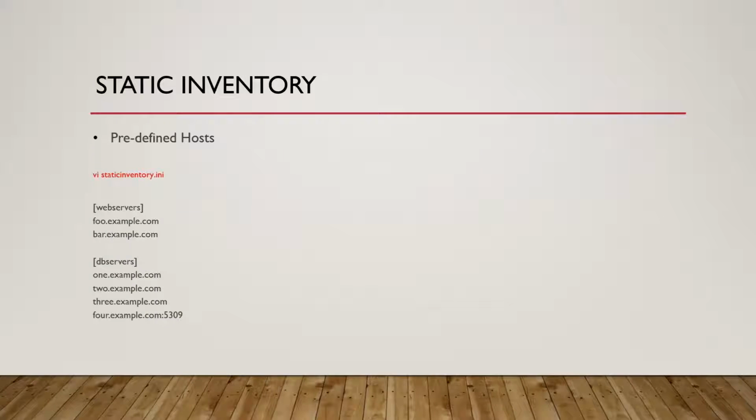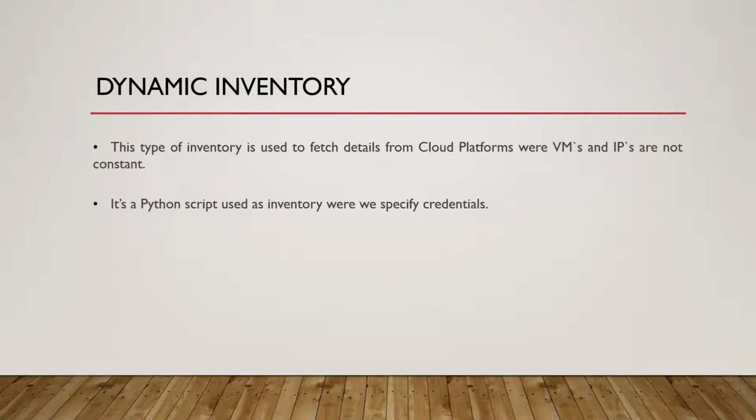If it is going to be a web server, whenever I'm creating a VM, I need to make sure there is a label added with type web server. Whenever I'm using the dynamic inventory, I will pull only those VMs which have the tag web server. Based on that, I will form a dynamic inventory, or an inventory on the fly, and then execute all the remote commands on that inventory.